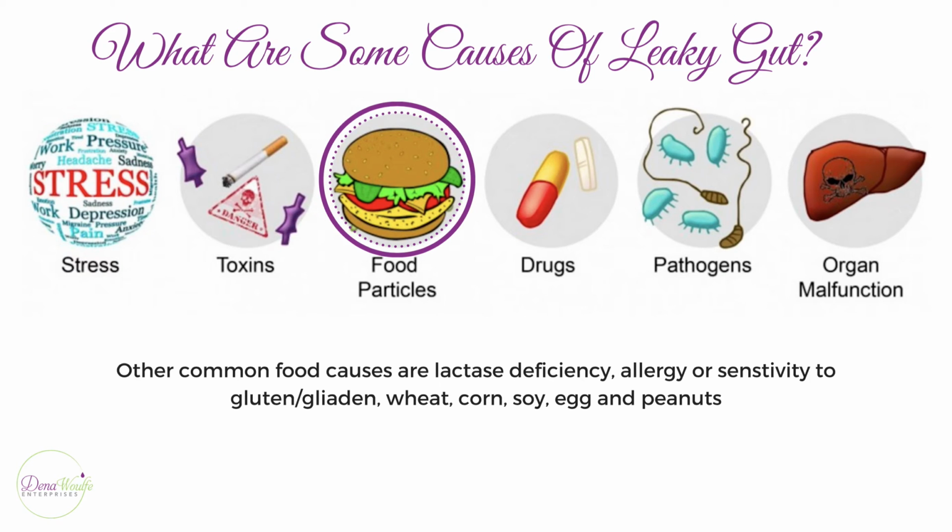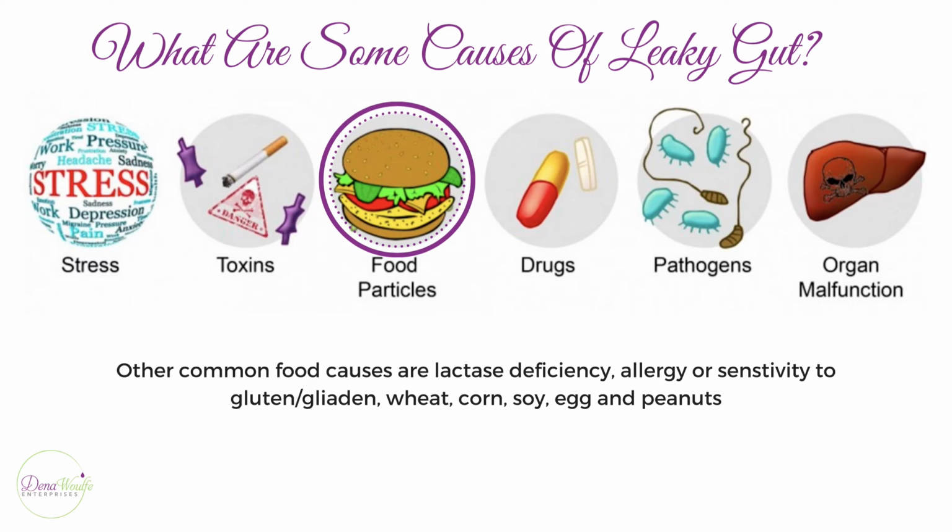Also, some other issues that cause leaky gut are foods, such as lactase deficiency, which is the inability to break down lactose. Then we see some food particles slipping through the gut lining into the bloodstream where they don't belong, like we said in that first video that explains it really nicely.